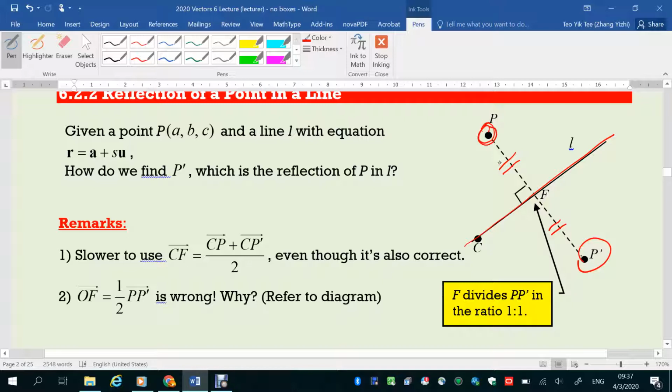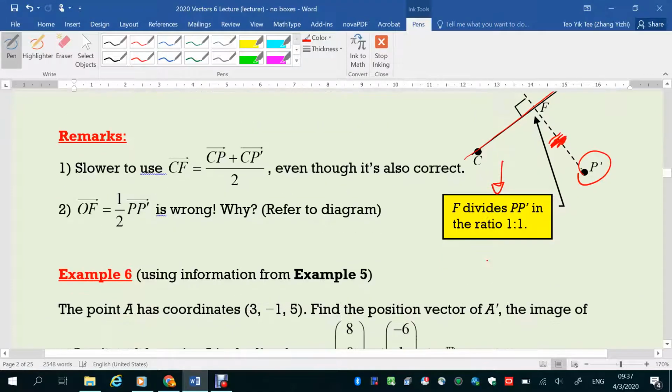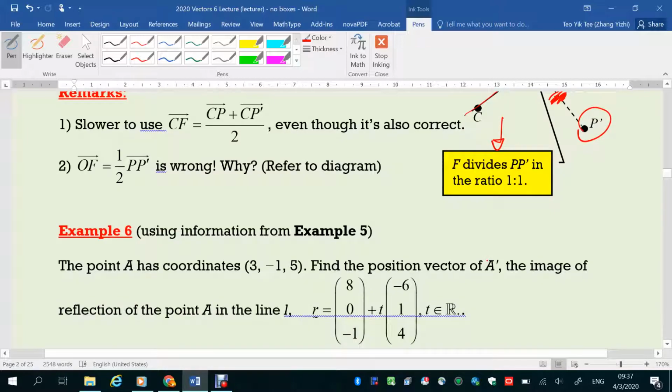Then, since they are equidistant, you can activate your ratio theorem: F divides PP prime in the ratio 1:1. How are we going to understand this? We use an example, and we're going to do this very quickly.